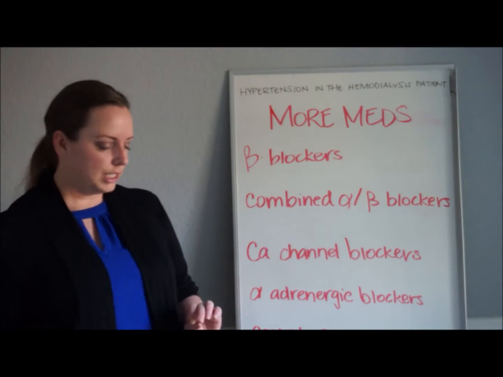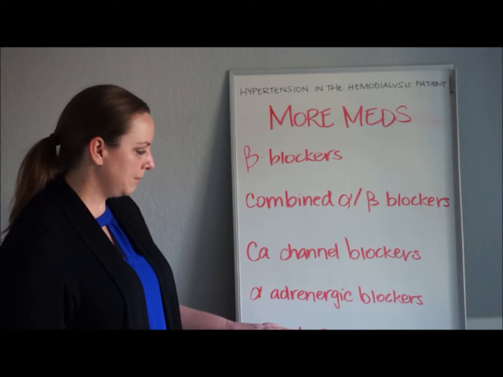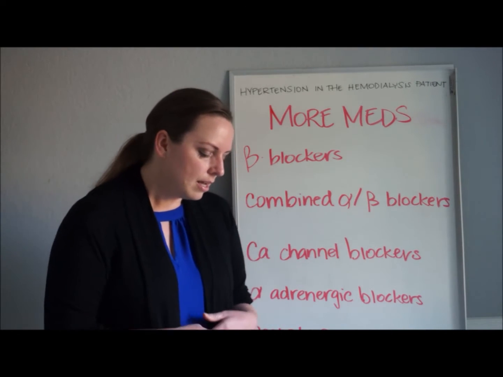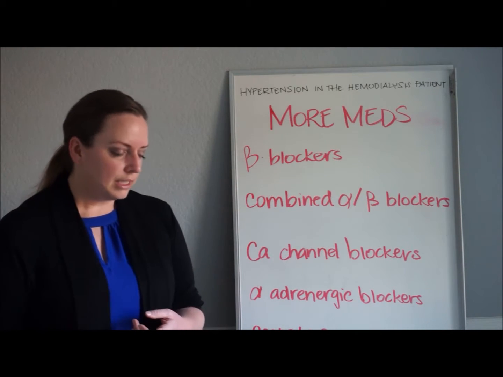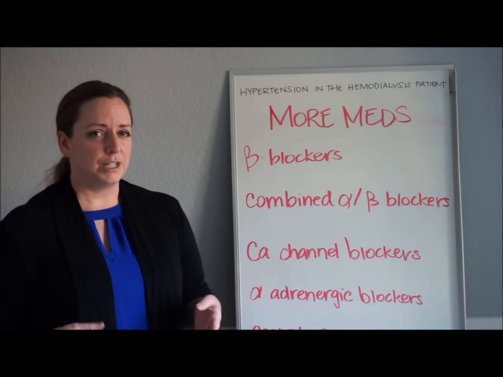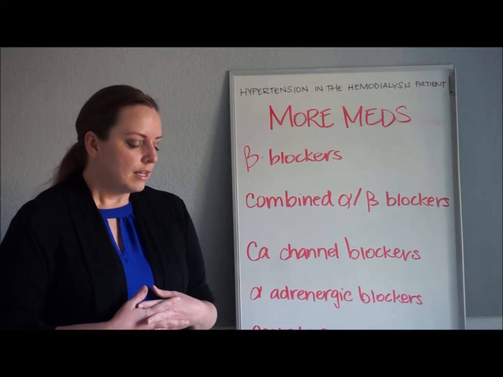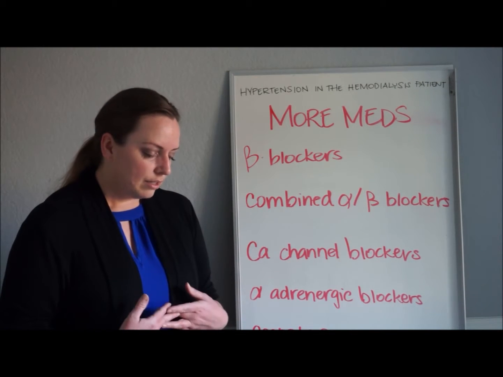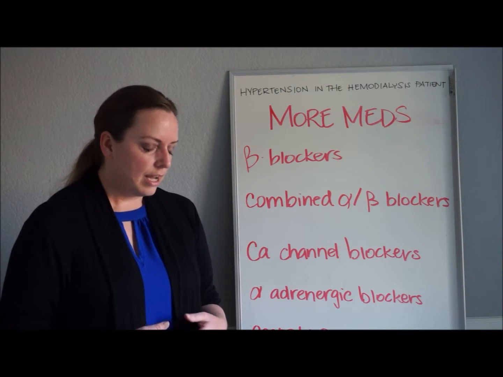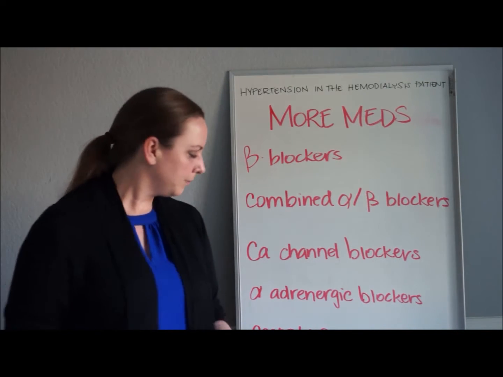The other class of medications here is the central nervous system sympathetic agonists. An example of this is clonidine. This is used less frequently due to the side effects that patients don't like experiencing. Some of the side effects include dry mouth, fatigue, rebound hypertension, and erectile dysfunction.